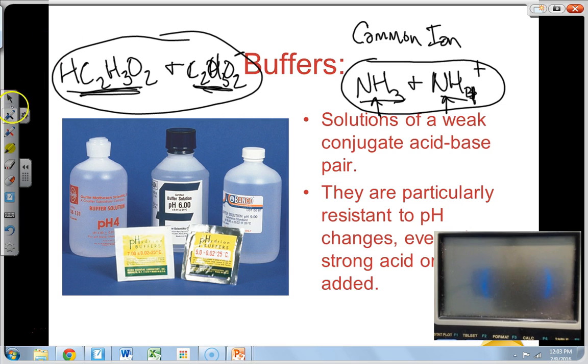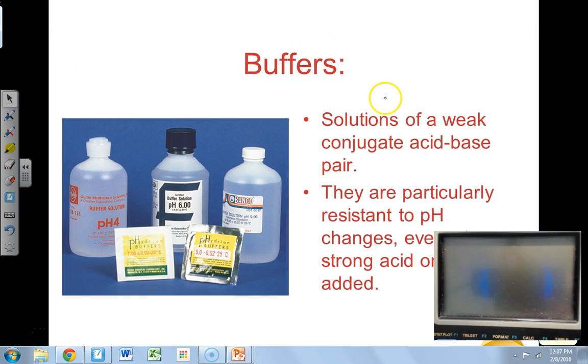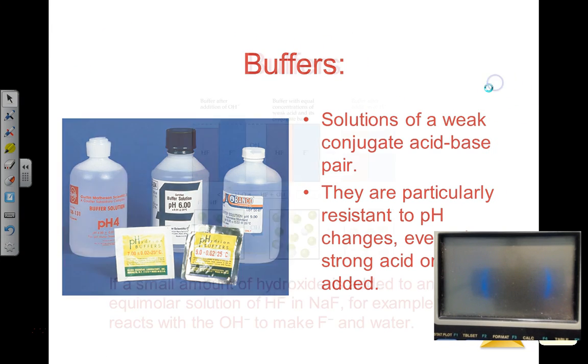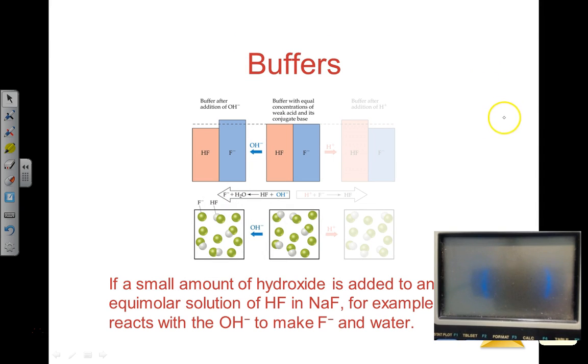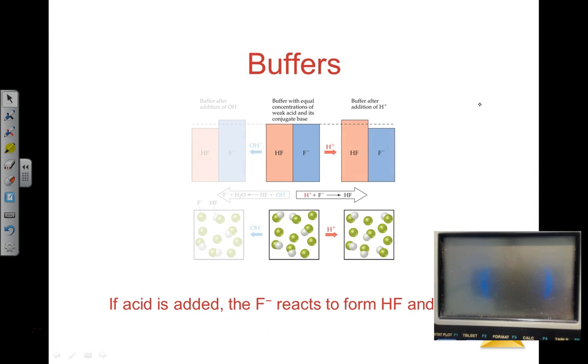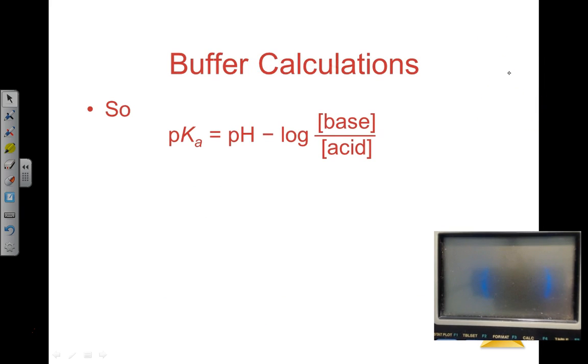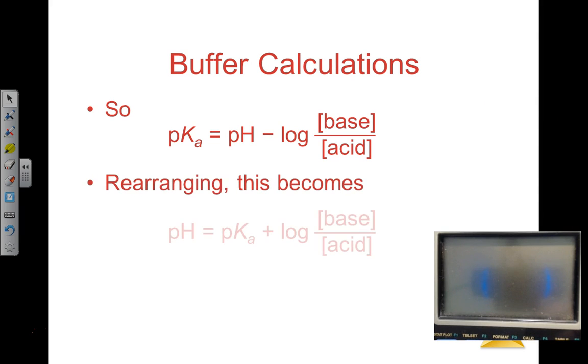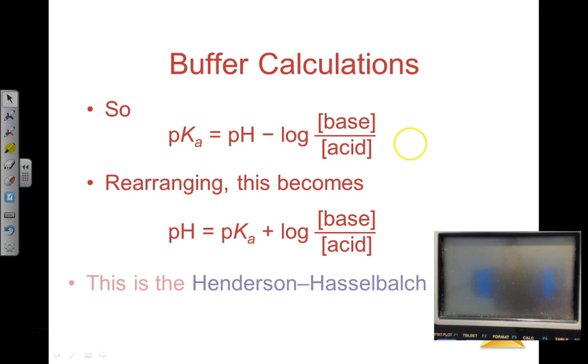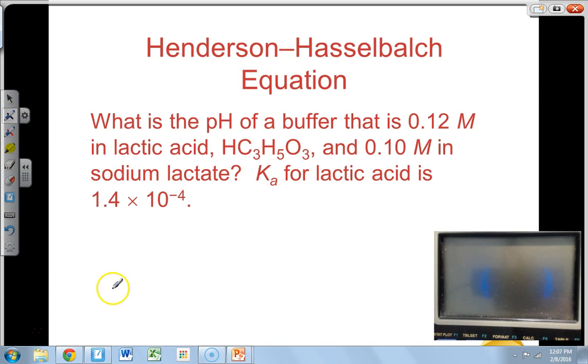Let's see what we can do here. Let's move along. Let's talk about this. Now this is the Henderson-Hasselbalch equation. This is where it comes from. But let's talk a little bit about this guy right here.